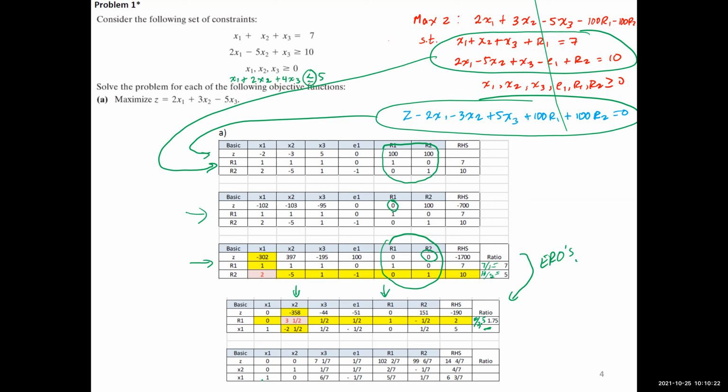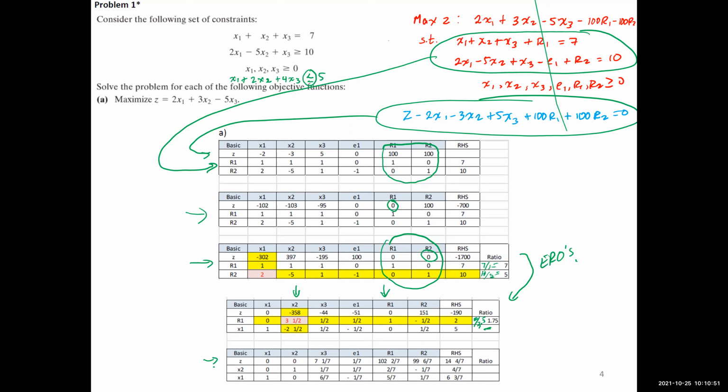And now we have the final solution. If you check, there's no negative coefficient here in row 0. So we have found the optimal solution. And that is X1 equals 3 over 7, and then X2 equals 4 over 7. And that's for maximization.